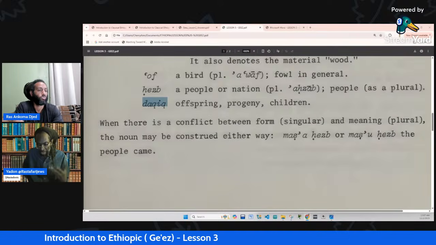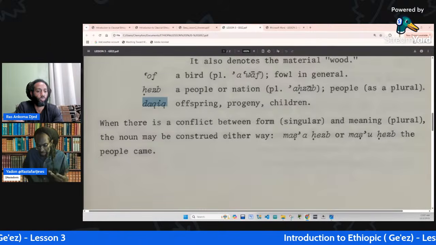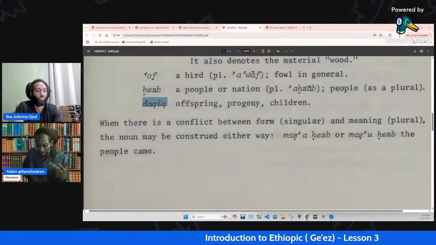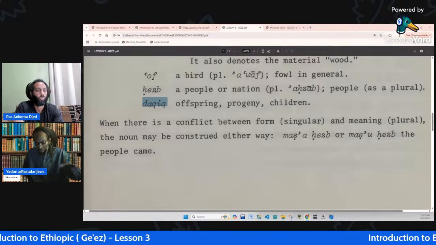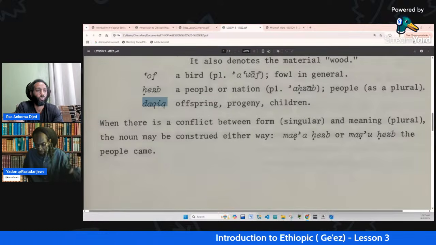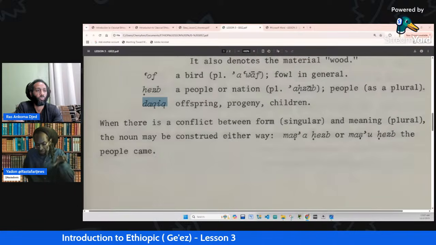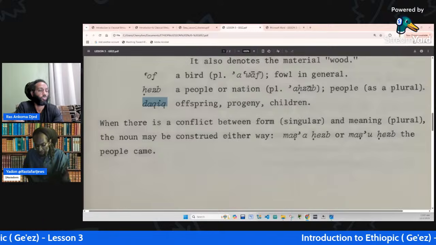Metzah, his, means he came, the people, literally, a people came. Then you see the next one is metzu, his.